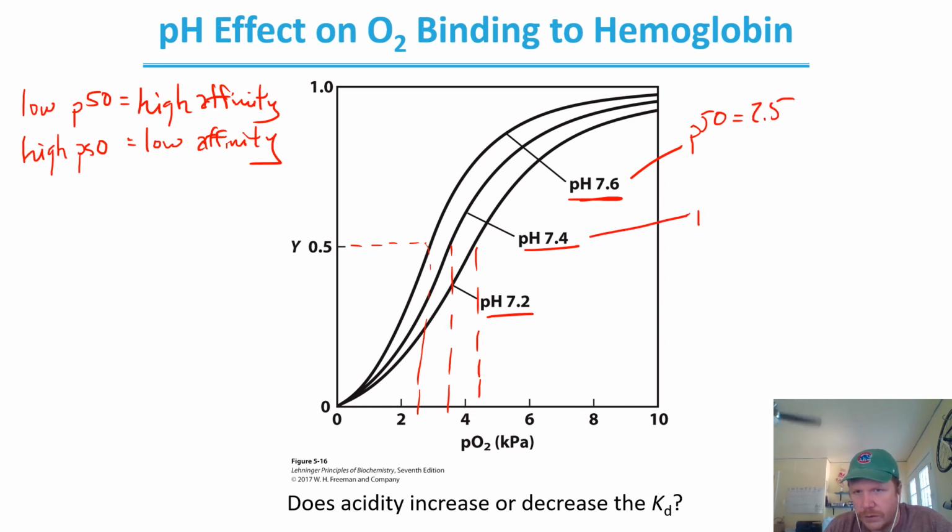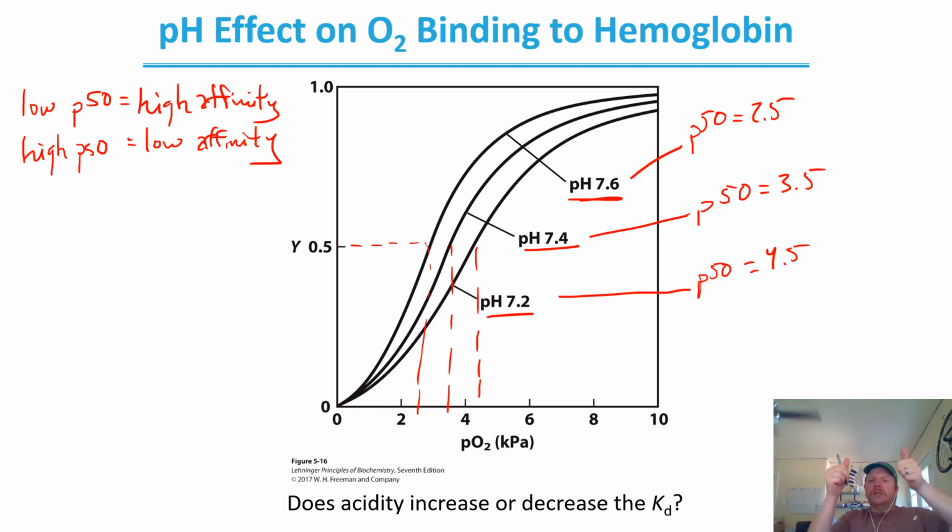Our P50 for 7.4 is 3.5, and our P50 for 7.2 is, let's call that 4.5. So what we're seeing is our P50 increase as what happens.